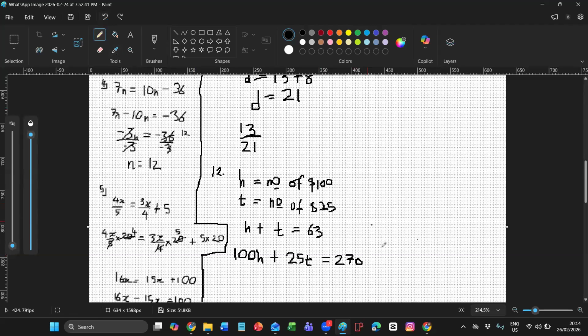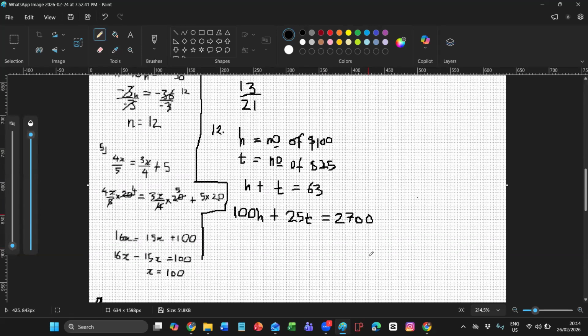So let's look at our two equations. The question is, which method do we want to use? Substitution or elimination method? Sir, what method should we use? Let's do elimination.